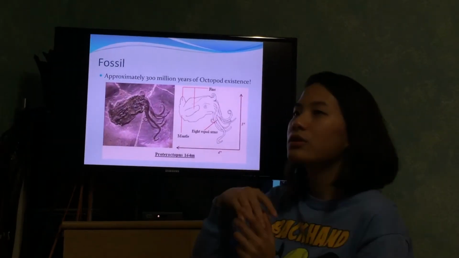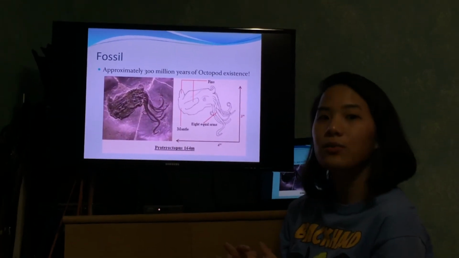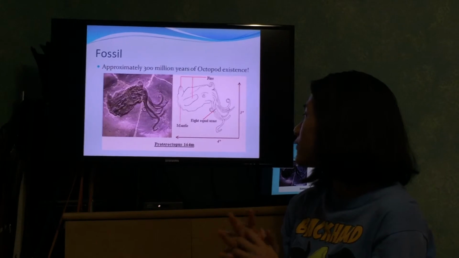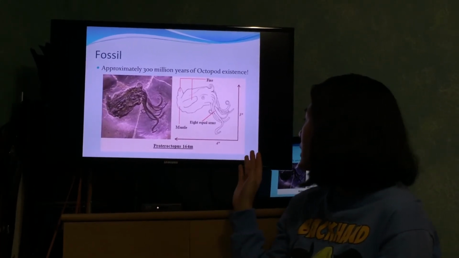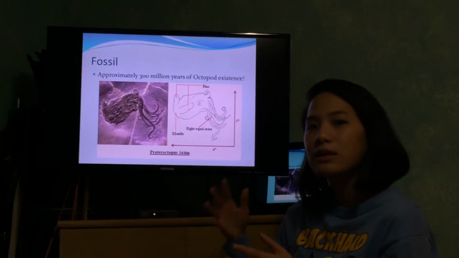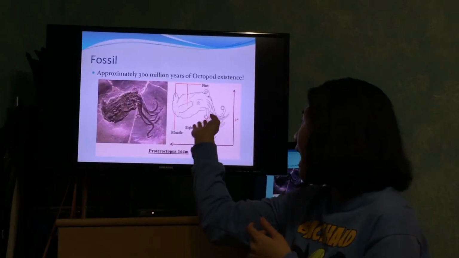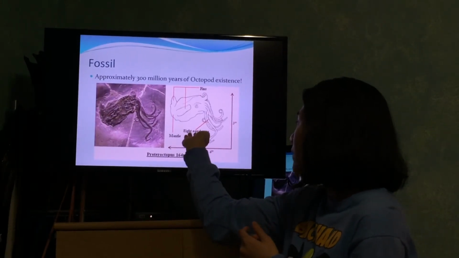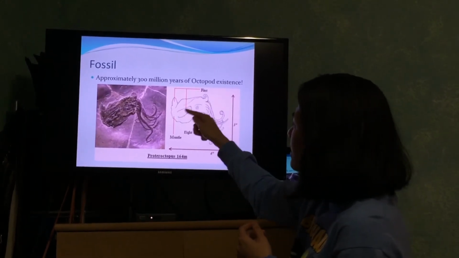The next most recent fossil found is the Proteroctopus, which is 164 million years old. And it's approximately 4 inches by 3 inches, meaning the octopuses have been getting bigger. It has 8 equal arms, and it still has a mantle, and it still has a fin.